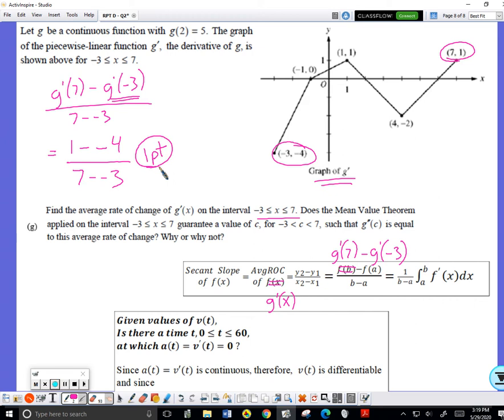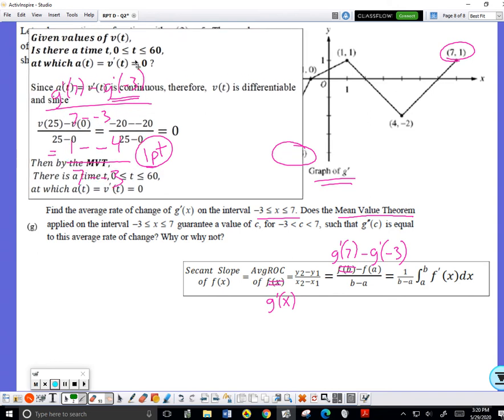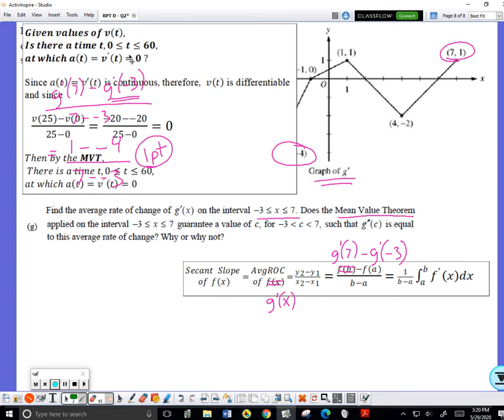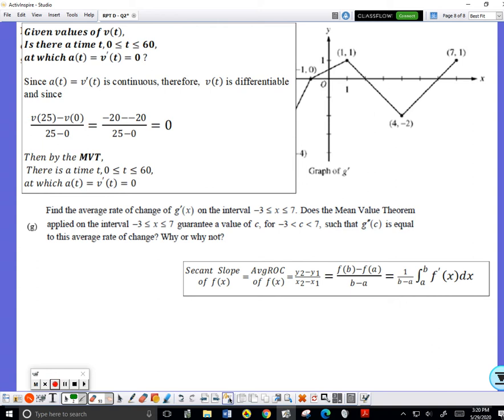Keep reading. Does the mean value theorem. So I grab my notes. And let's clear this off here. Does the mean value theorem.